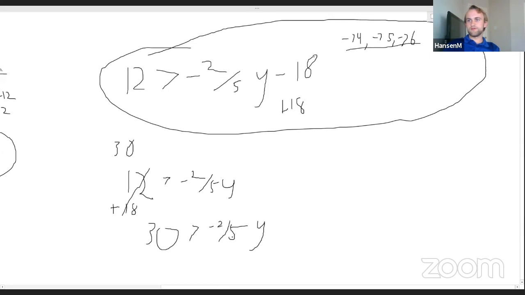And to simplify this, we're going to divide both sides by -2/5. And whenever you divide by a fraction, what you do is you multiply by the reciprocal, which is a fancy way of saying you flip it over and multiply it. Let me see.